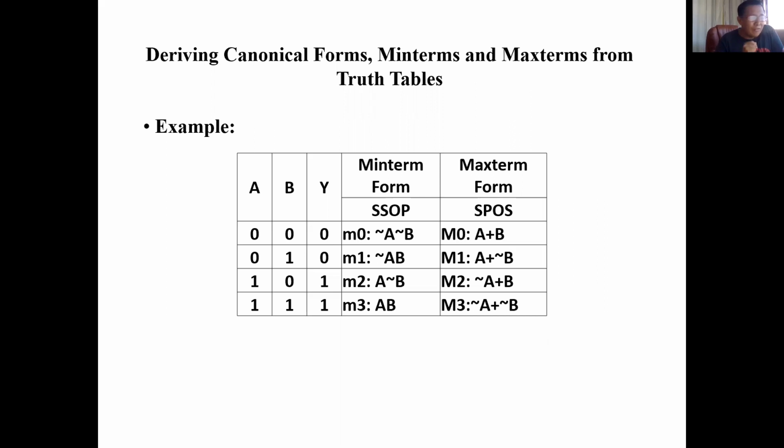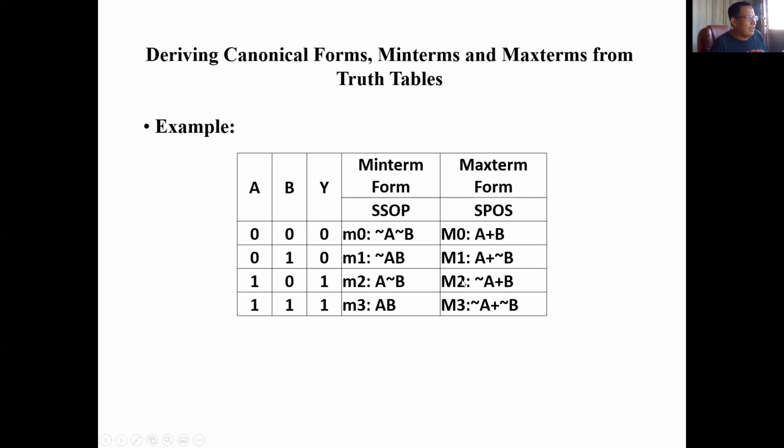But when we do the max term form, we do the opposite. When A is 0, we do not complement. Like here, the max term form of A equal to 0 and B equal to 0 is A plus B. There are no nots because it's the reverse of the min term. In this case, we have A plus not B because A is 0 and B is 1.